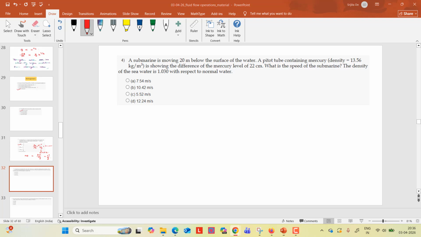So a pitot tube measurement. So pitot tube measurement equation we have seen, right? It is asking for the velocity.